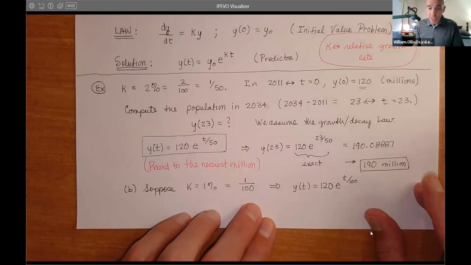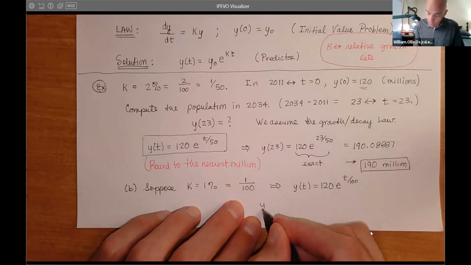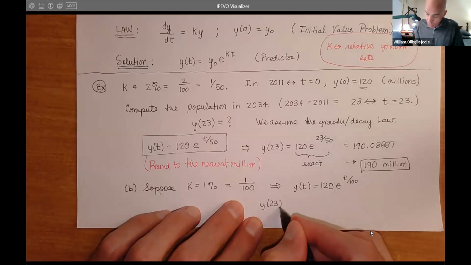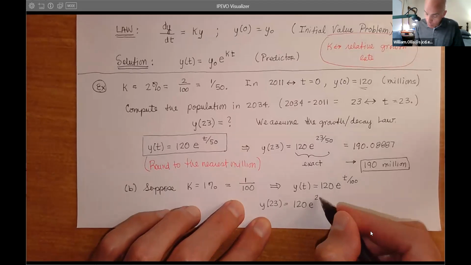And then in this particular case, if we wanted y of 23, this would give us 120 e to the 23 over 100. So that would just be 0.23.